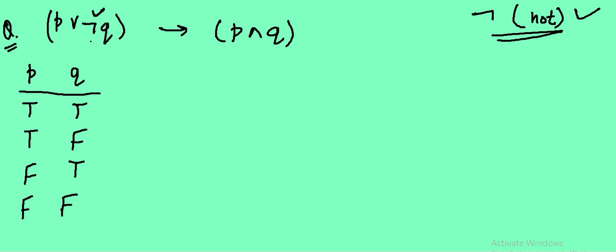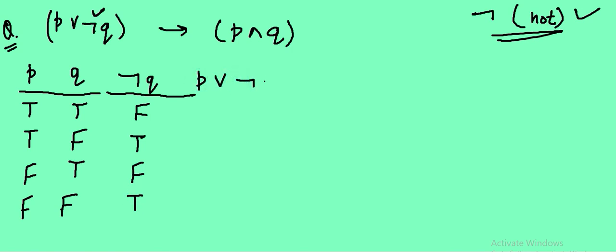First of all, we must have this not Q. So just evaluate not Q: true becomes false, false becomes true, true becomes false, false becomes true. Then P or not Q. If you remember the disjunction table, it says that if one of the statements is true, or both are true, then it will be true.